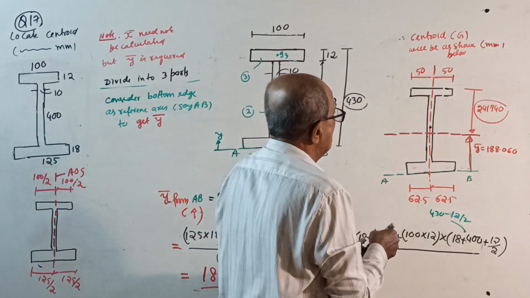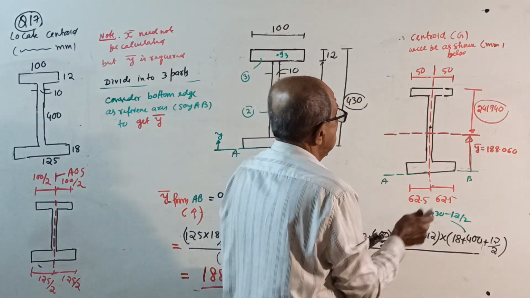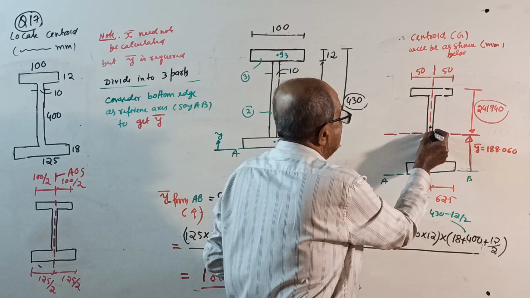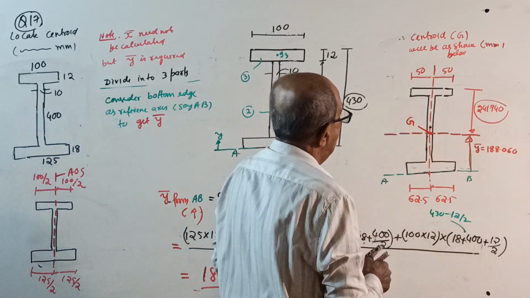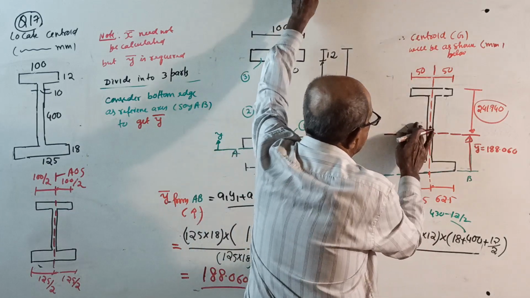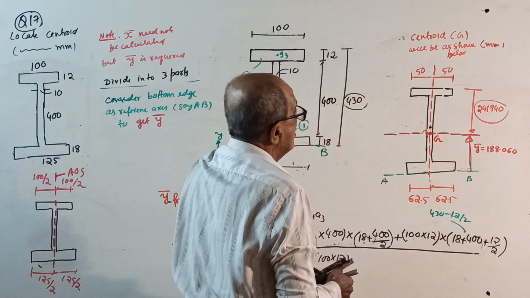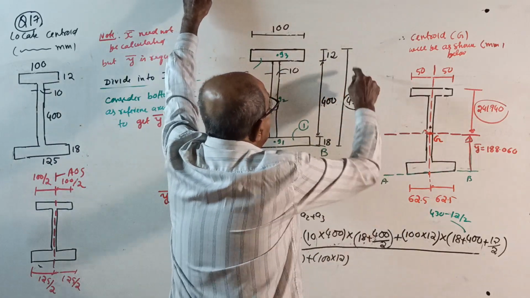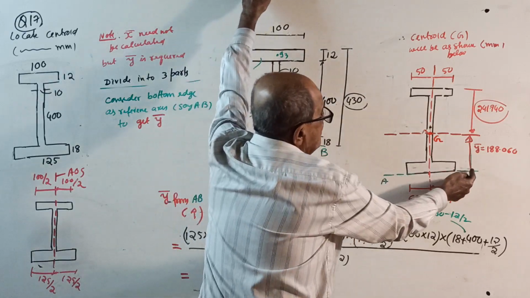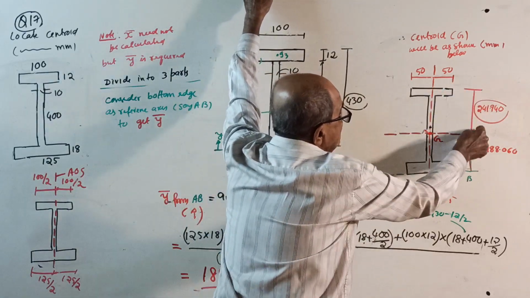This intersection is the centroid. I forgot to write, this is your G. If I write that way, it will spoil the sketch, so I'll put here, understood, this intersection is G. Or if you want from top, from 430 subtract 188.06, you will get this distance.